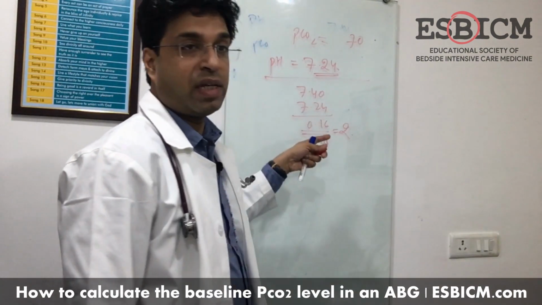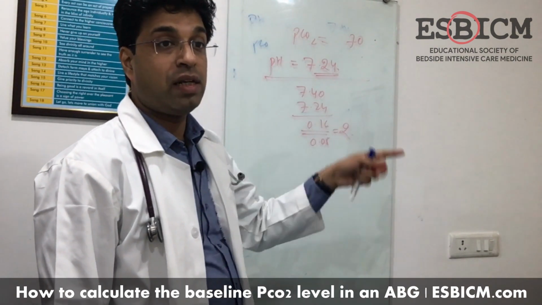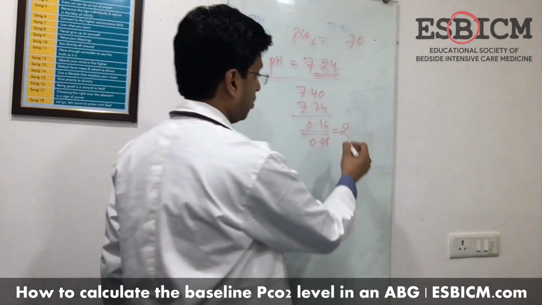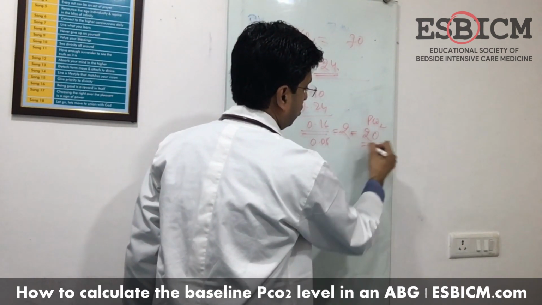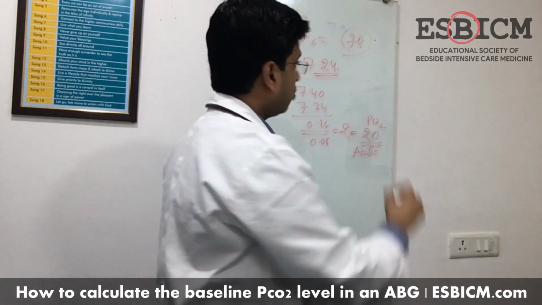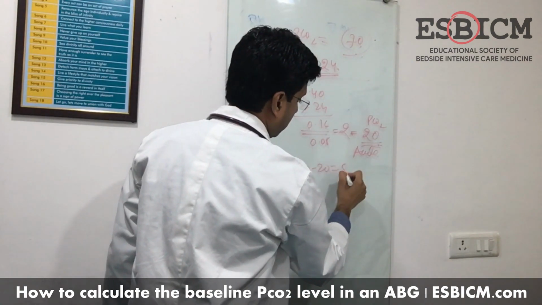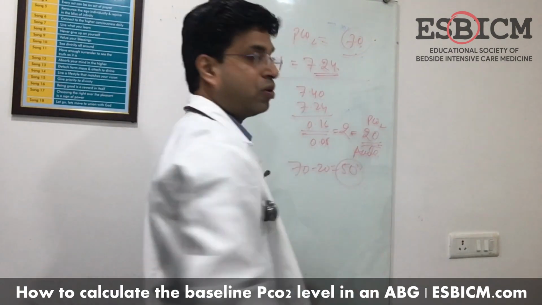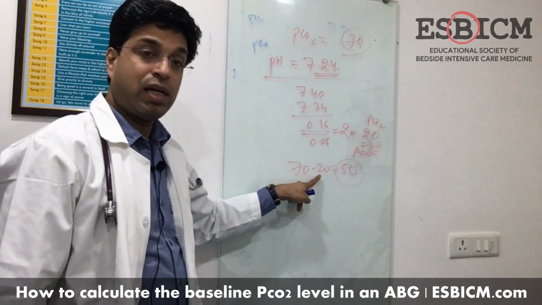So the pH has dropped 2 times, meaning PCO2 has changed by 10 and 10. So 20 PCO2 is the acute change. Out of the 70, if we subtract 20, 50 is the baseline PCO2 of this patient. It is the chronic component, and 20 is the acute component.